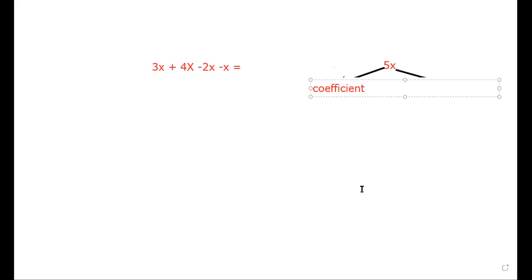And the second part here is called the variable. So if you want to find the answer for any question, this term consists of a coefficient and a variable, and I want to simplify this question.